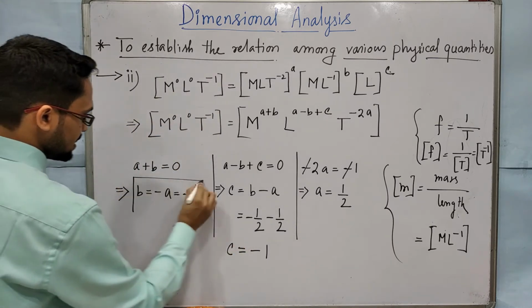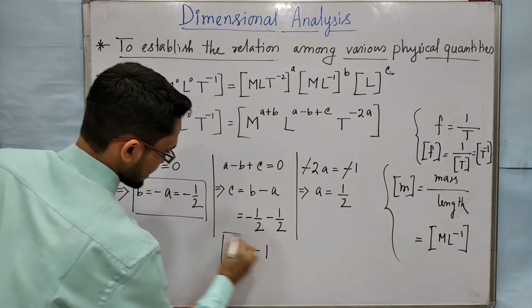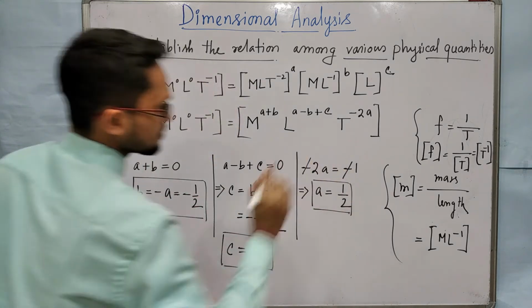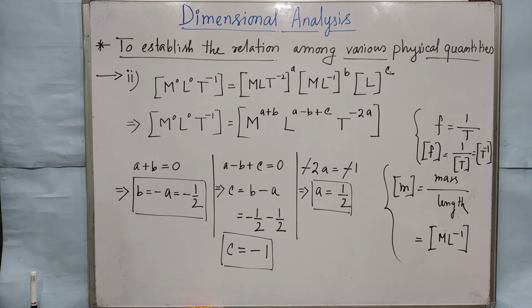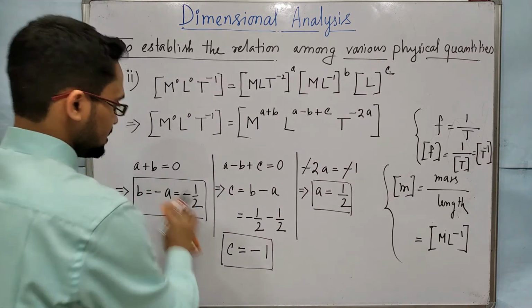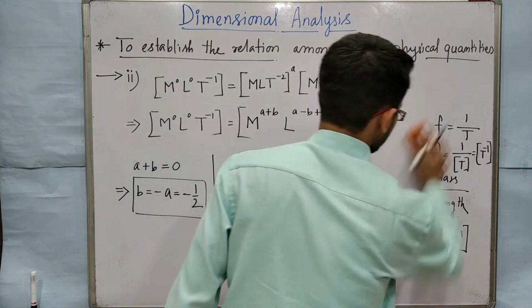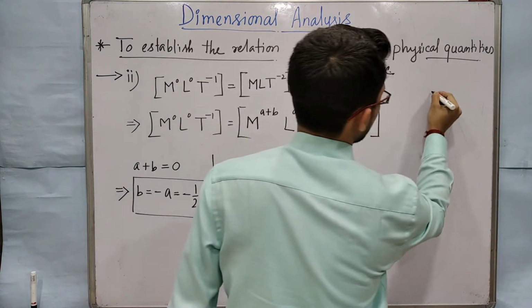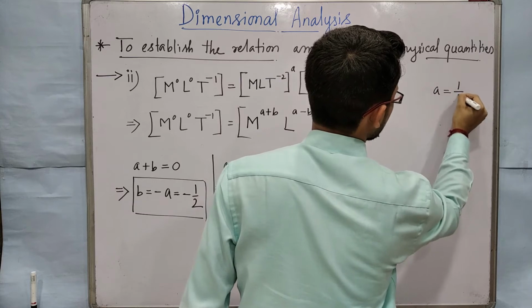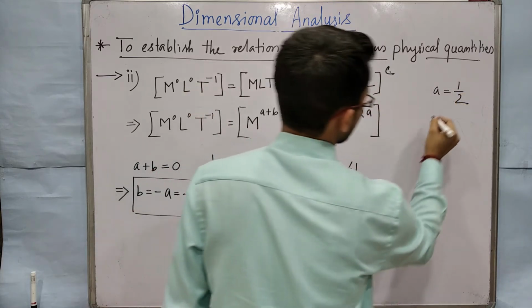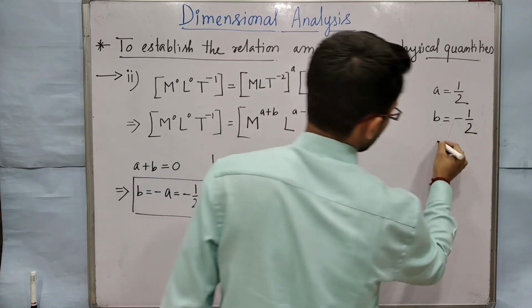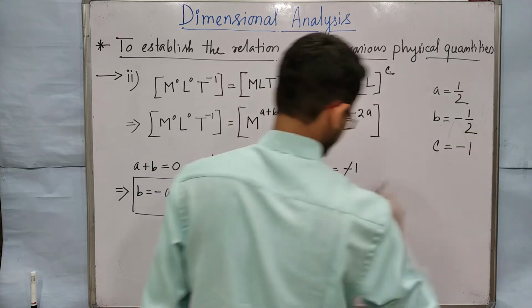So this is B, this is C, and this is A. Okay, so I am writing these three values here. A equal to half, B equal to minus half, and C equal to minus 1.